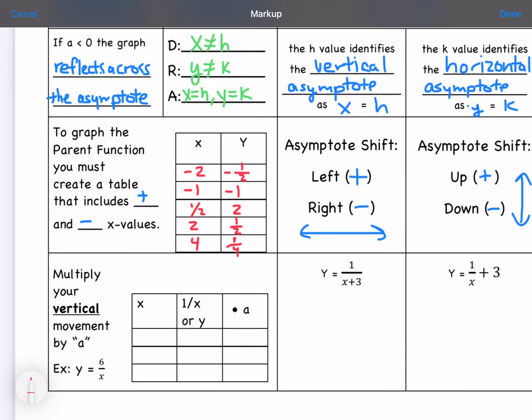If we have an a value, it multiplies our vertical movement. So just plugging in some values here for x: 1/2, 2, and 3. So 1 over 1/2 is equal to 2. 1 over 2 is just 1/2. 1 over 3 is 1/3. But then we have to multiply each of them by 6.